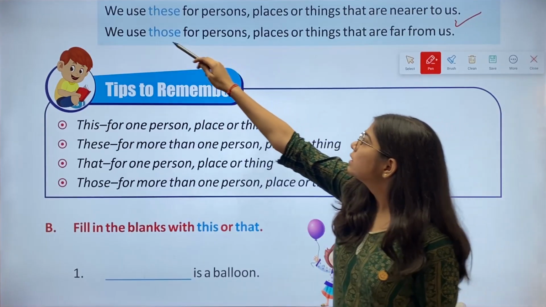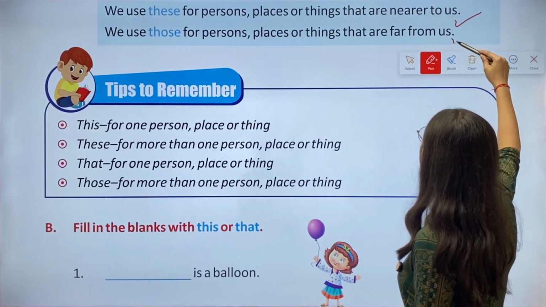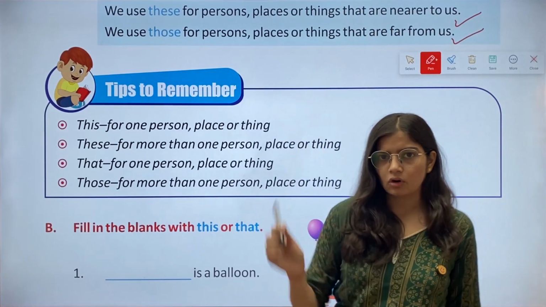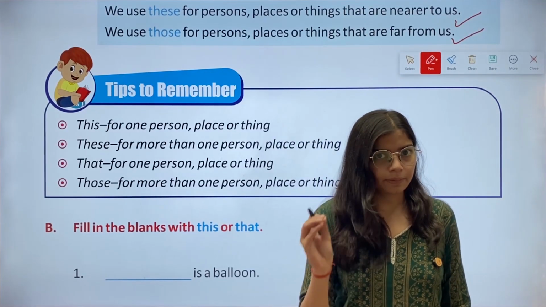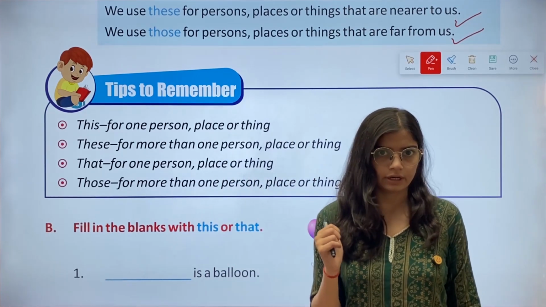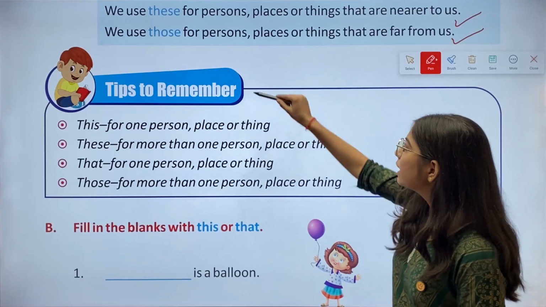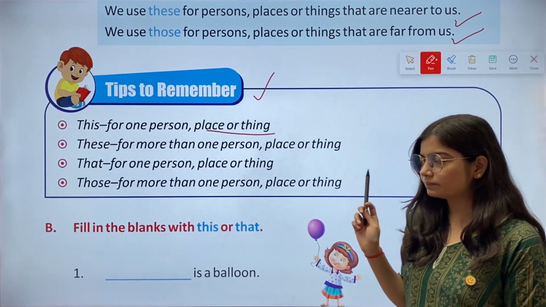Okay, then we use those for persons, places or things that are far from us. और जो those है वो हम उनके लिए यूज करते हैं जो person, animal और thing हमसे दूर हैं. Okay, then we have tips to remember. This for one person, place or thing.